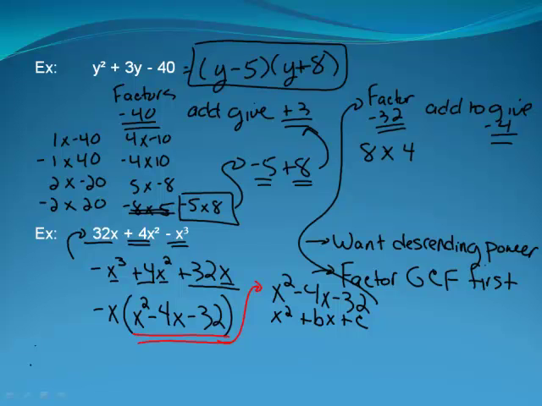And I can see that if I can get the signs to work out, there is a way to combine 8 and 4 to get an answer of negative 4. Now the only way to do that is if the 8 was negative and the 4 was positive. So you want to check, is negative 8 times 4 negative 32? And the answer is yes. Is negative 8 plus 4 negative 4? And the answer to that also is yes.